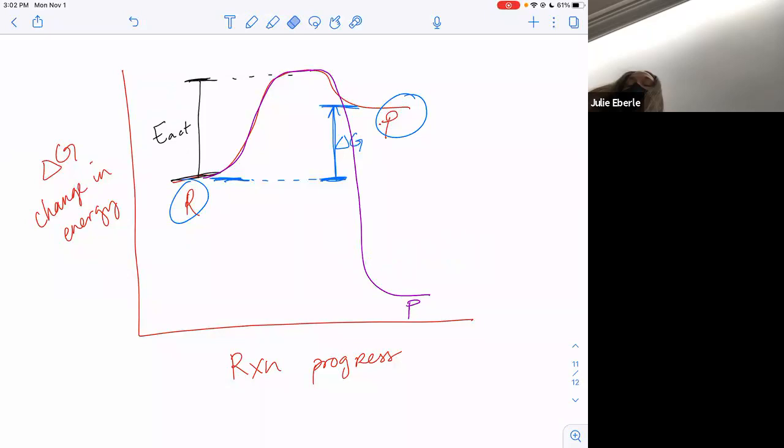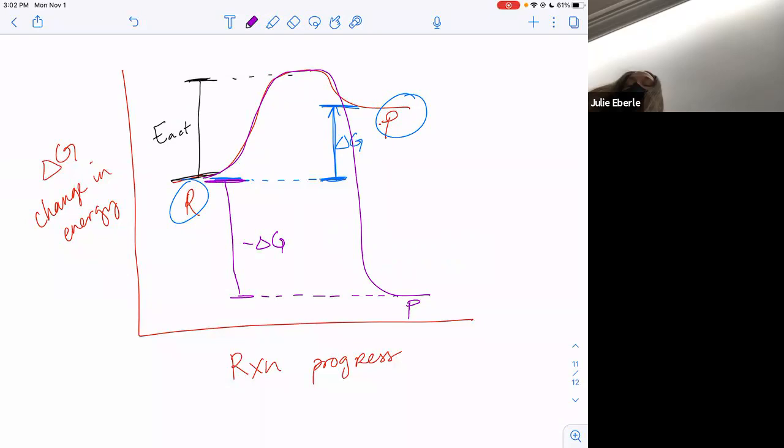So if the products end up lower than the reactants, then we have, oh shoot, I meant to go back to pen. Then we have here down to the energy level of our products, right? This is a negative delta G. So the red is an endergonic reaction. The purple is an exergonic reaction.